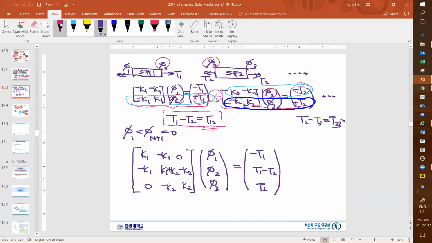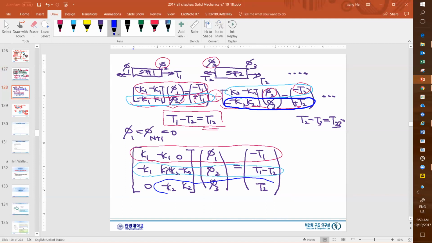So here, this equation was the first equation, right? This is the first equation. And now the second equation, we add here and there, we add them. So that will be simply these equations. And the third one will be the last one, right? It will be the third equation.